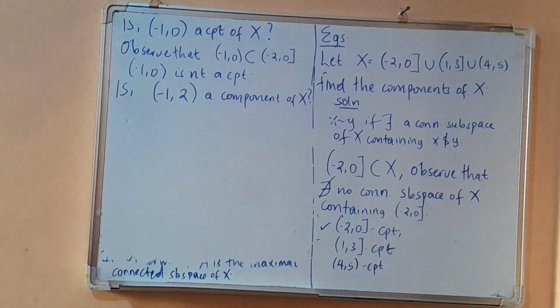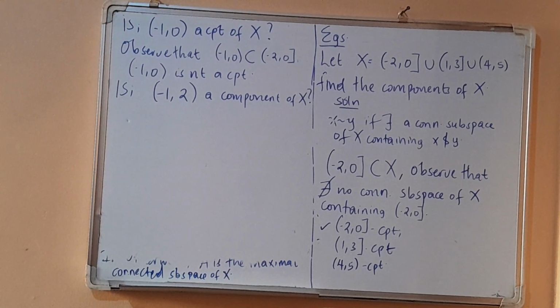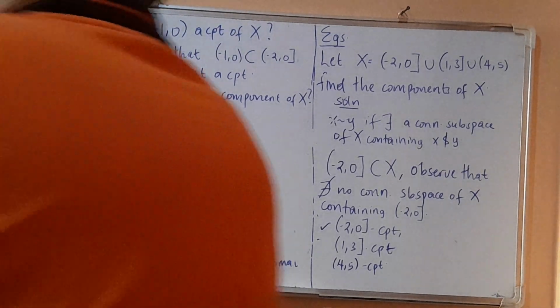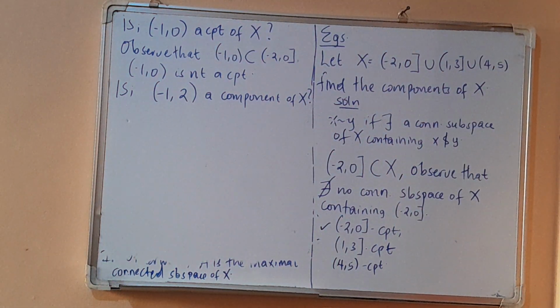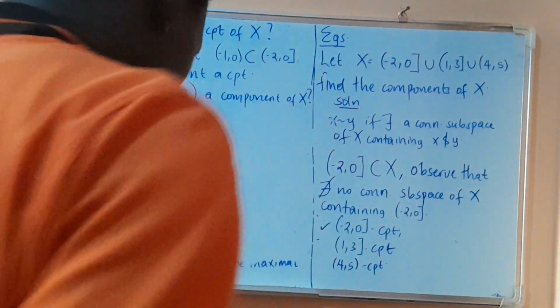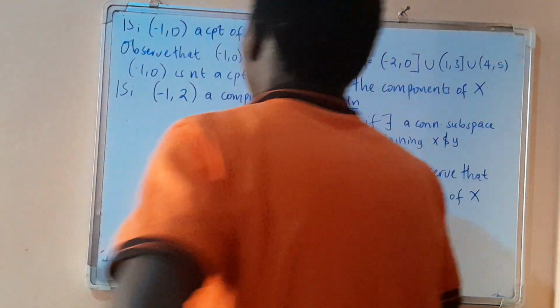So we have to ask ourselves, are we having no connected subspace of X containing that set? It's actually a difficult question, but let us first make use of a diagram. Then we can actually see what this is.